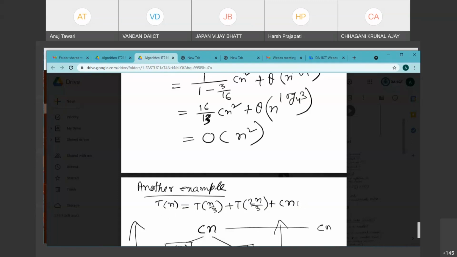So you have to use recursion tree. Yeah, order of n log n.